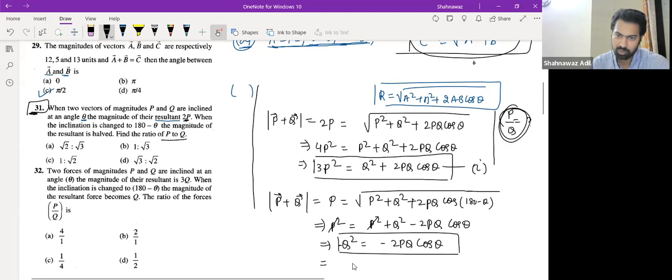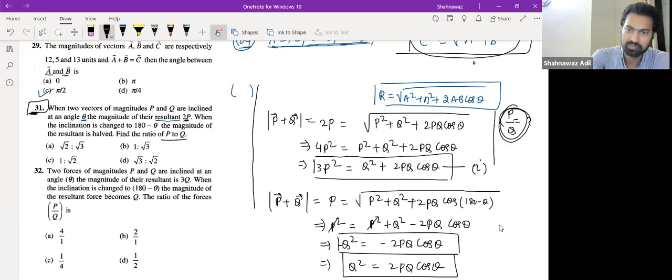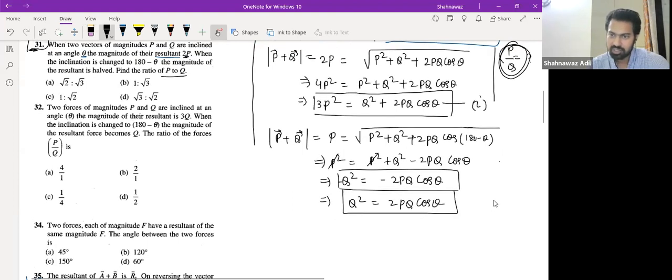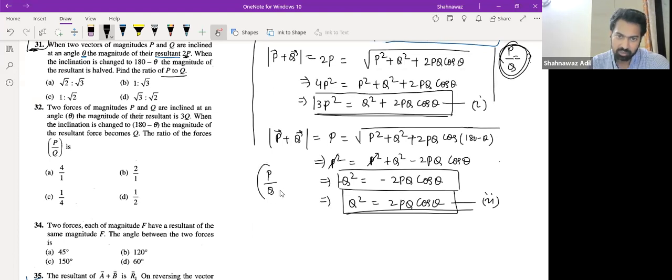So Q square would be simply minus 2PQ cos theta. Is that correct, guys? Yes, sir. So this is our second equation. So we have two pieces of information, and what is our ultimate goal? To find P by Q.